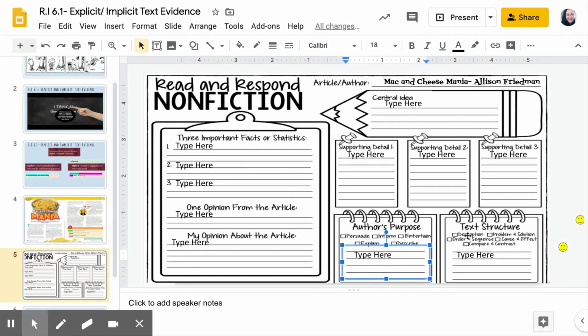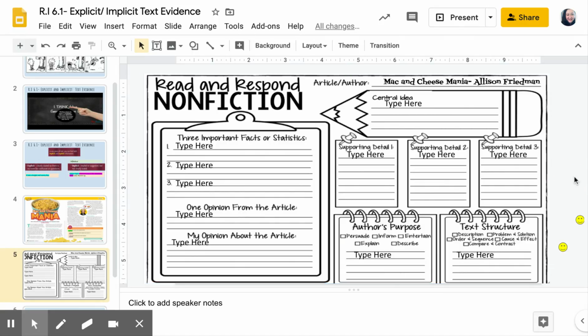And which text structure was it written in? Now there's description, which is the same as describing here, giving us lots of details, lots of facts. There's problem and solution, where you find a problem and the solution is the way that it's solved. There's order and sequence, certain steps.